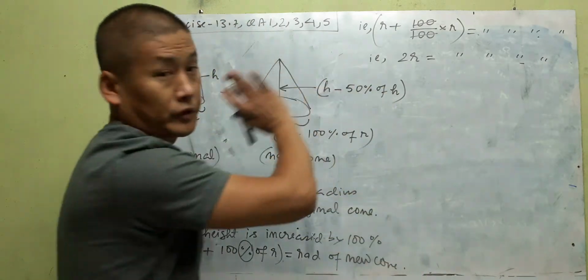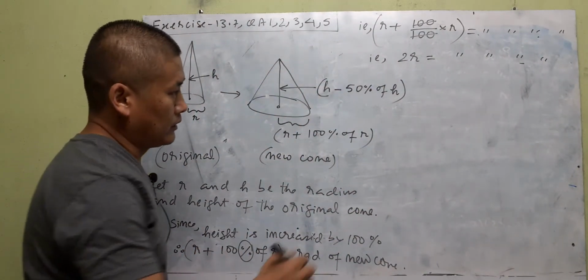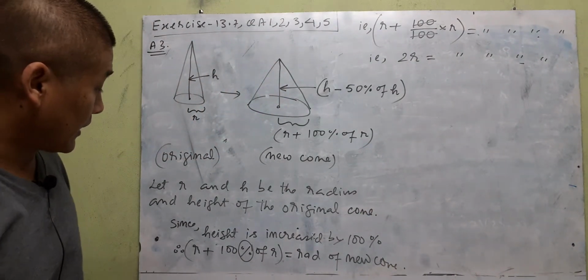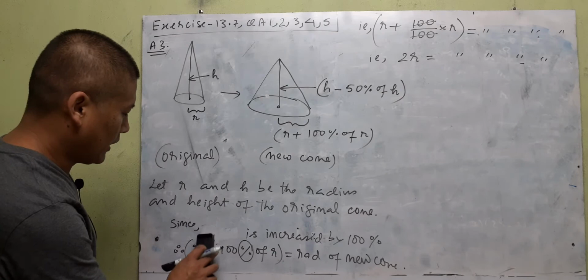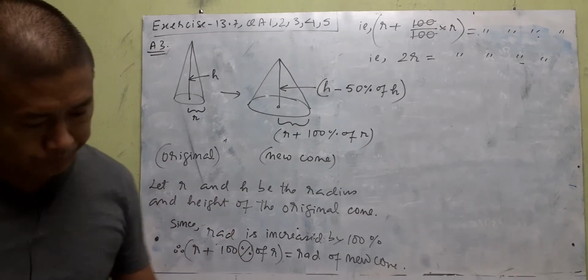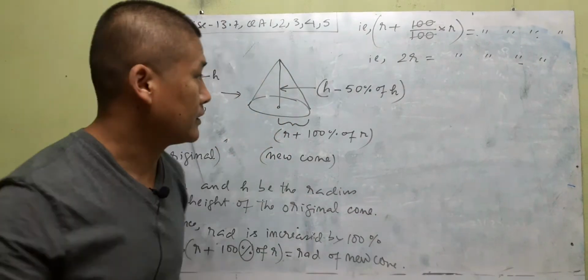So the radius of the new cone is 2r. We've got that. Now how about the height? Sorry, radius is increased by 100%, please correct this. Yes, and then height is decreased by 50%.